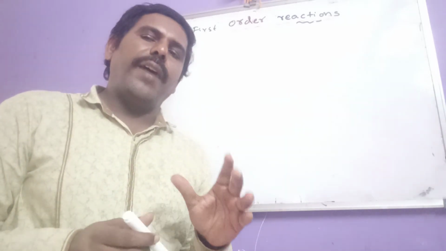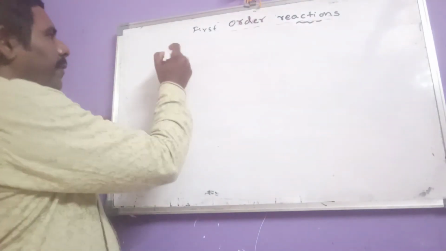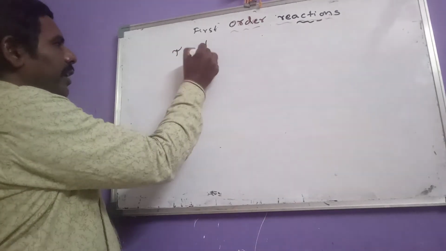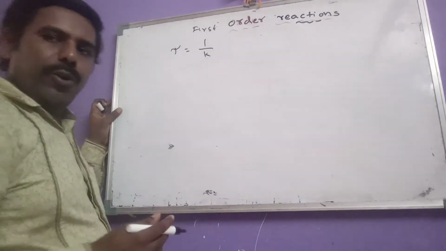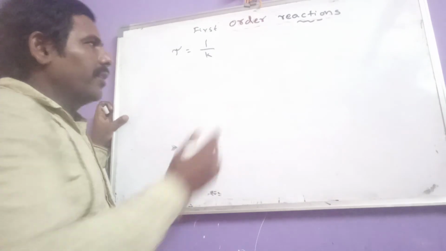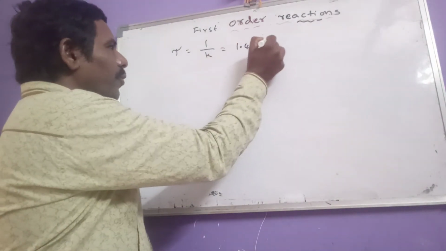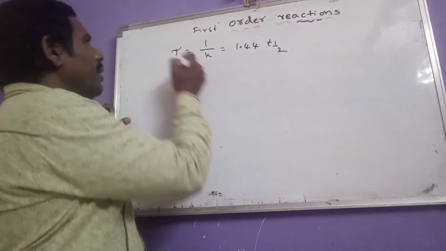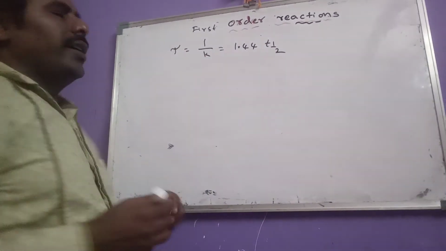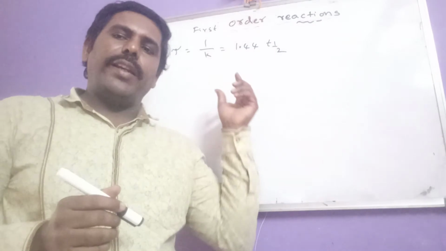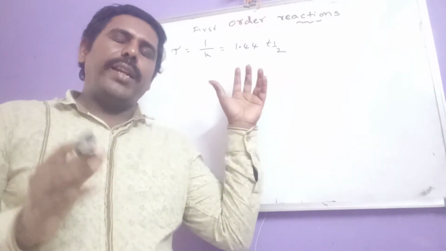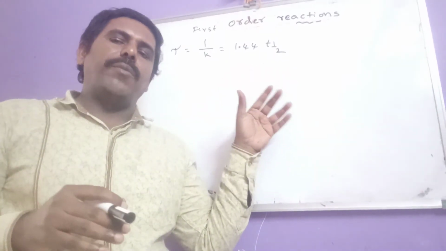Average lifetime is the inverse, that means the reciprocal, of the rate constant, or we can write it as 1.44 into t half. This is the expression useful to calculate the average lifetime of first order kinetics.